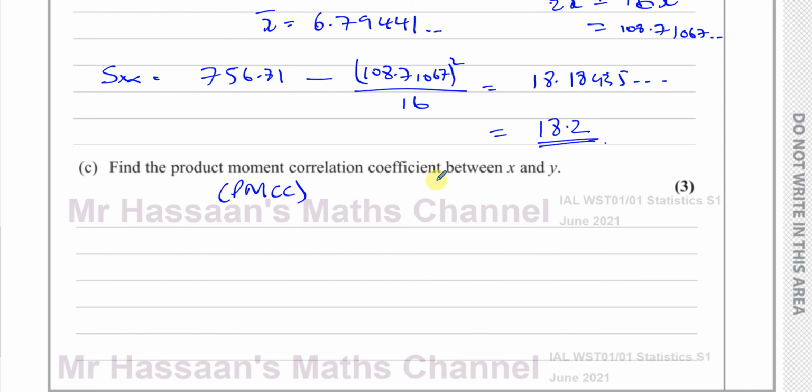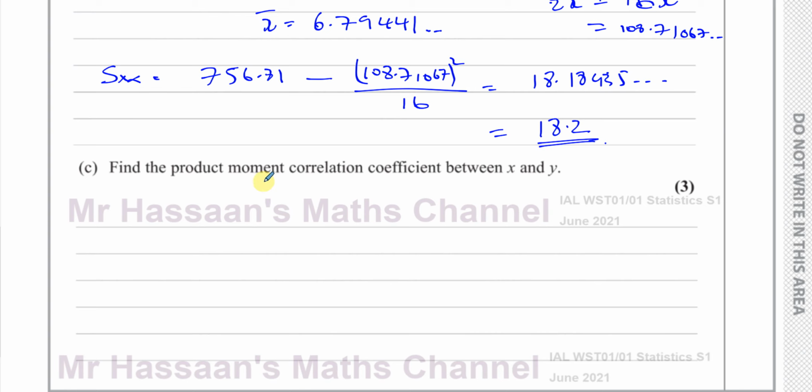So the closer the PMCC is to 1 or -1, the more perfect the correlation, the more they are in line with each other, all the points. Either positive or -1 means the stronger the correlation, the stronger the relationship that we find between them.